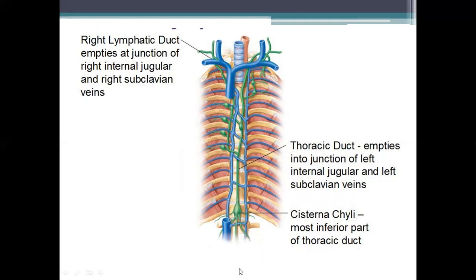Where does it terminate then? As we course upward, we can see that it is terminating here. What is this? This is the junction of the left internal jugular vein and left subclavian vein.